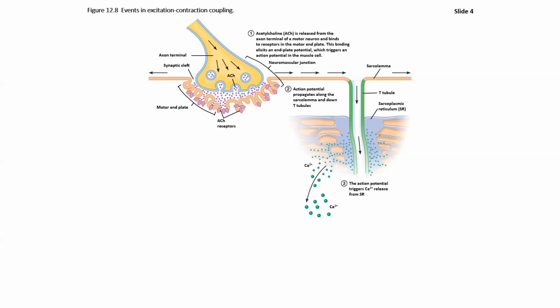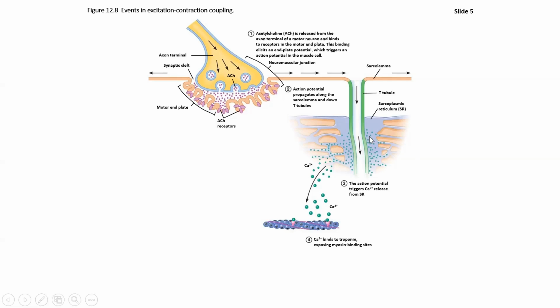The calcium that is important for regulating this process is actually stored away in the SR until the action potential turns these receptors on that open up these channels and bring this calcium out into the cytoplasm.